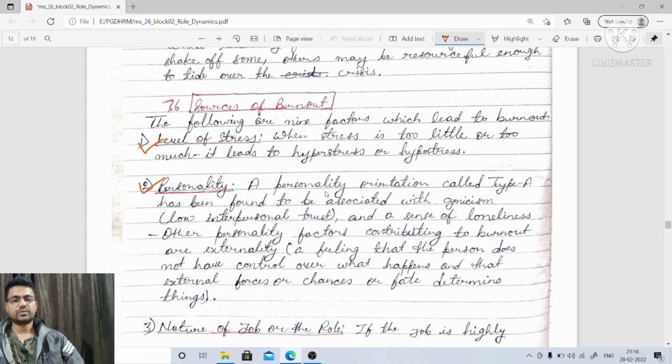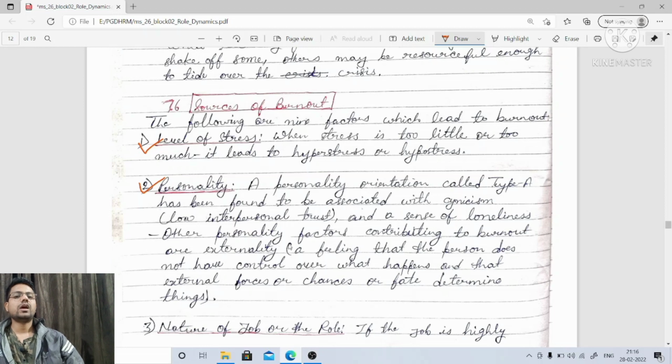Such a personality has a higher level of stress. Other personality factors contributing to burnout include externality. Externality means a feeling that the person does not have control over what happens, and that external forces, chance or fate determine things.